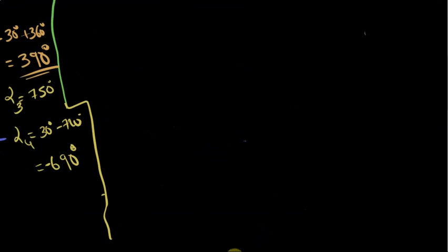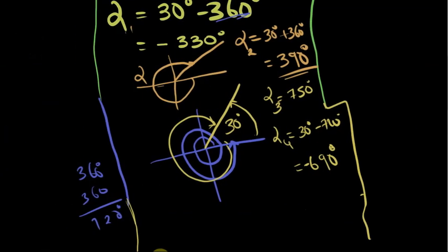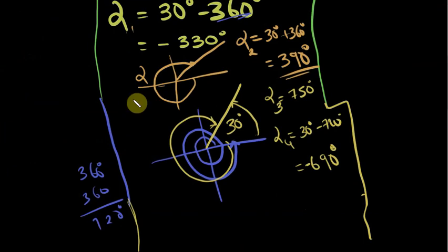Alright, let's discuss what we have observed here. If you want to get a coterminal angle, coterminal n, let's write a generic formula.